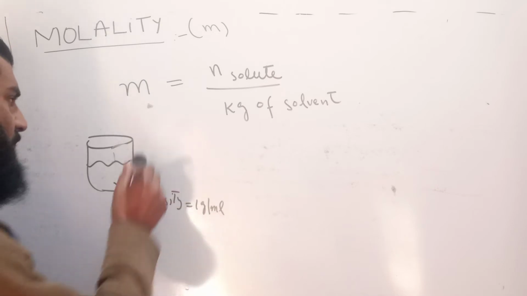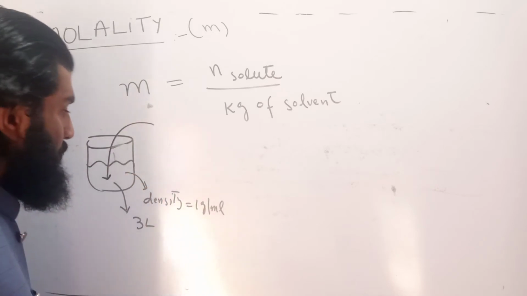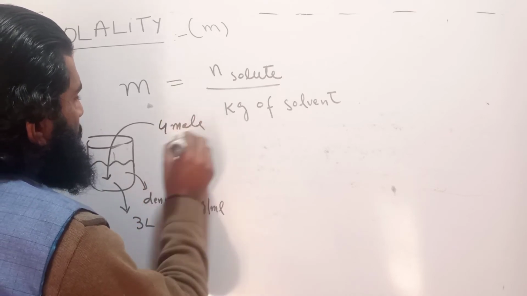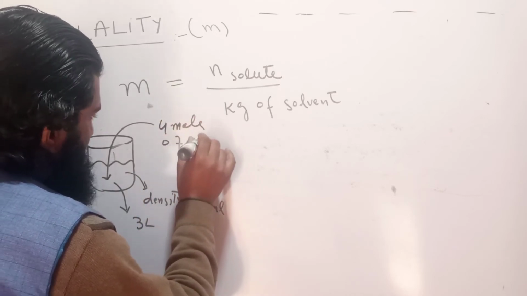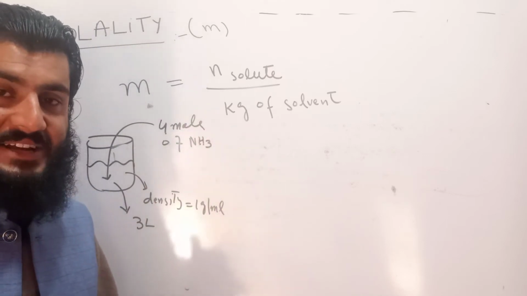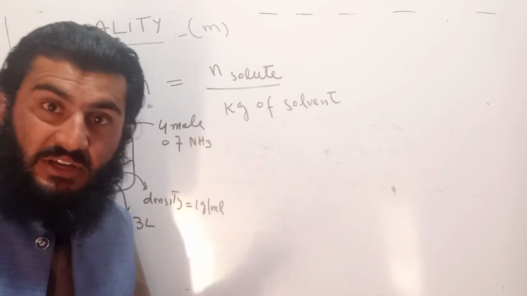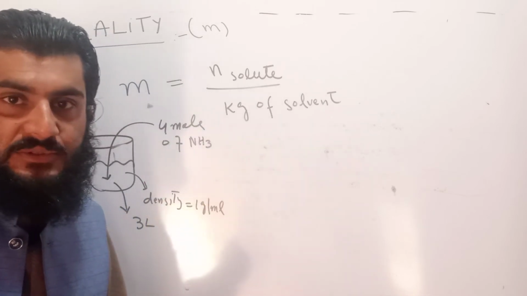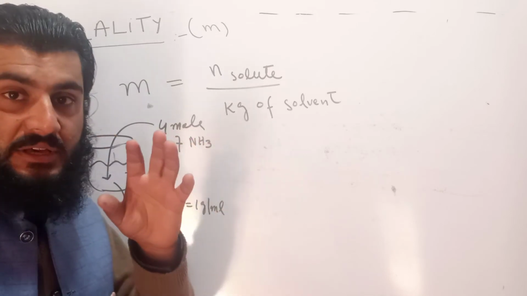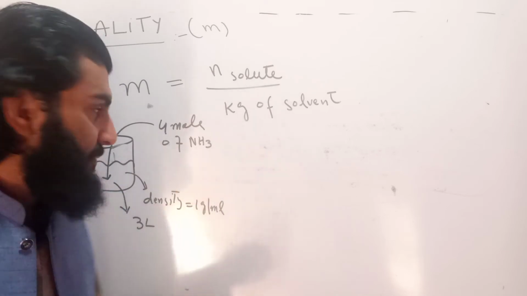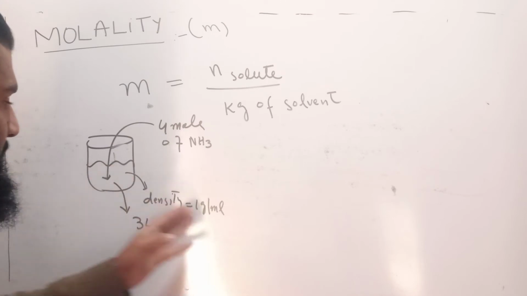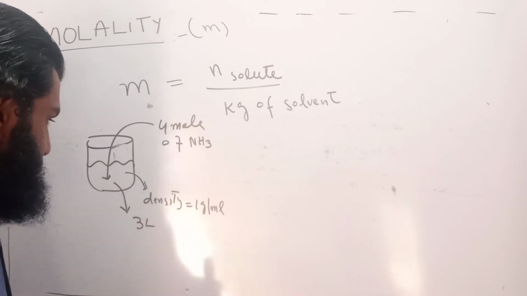Now we add 4 moles of NH3. Sometimes they can give us data as amount in grams of solute, but for our easy way, we write the amount of NH3 in moles. So we added 4 mole of NH3 in this solvent whose density is that and volume is that.